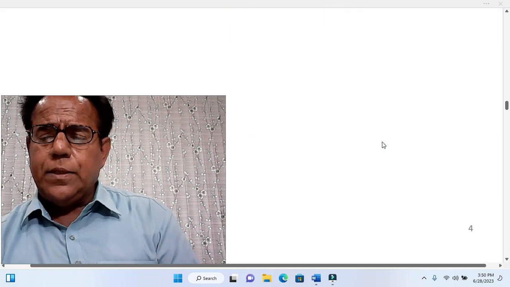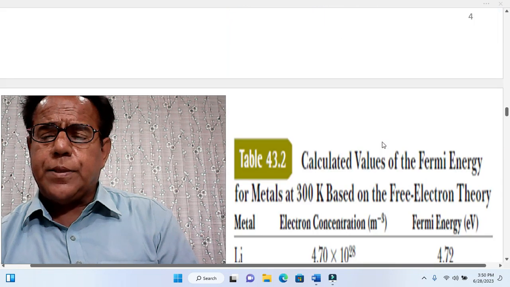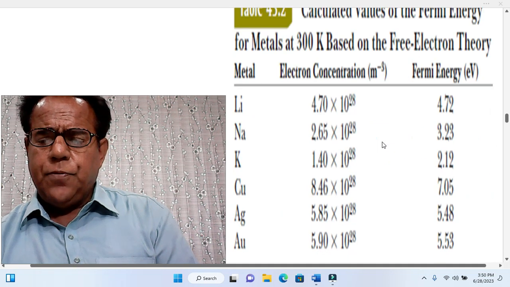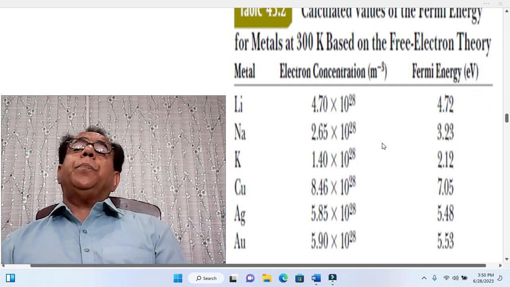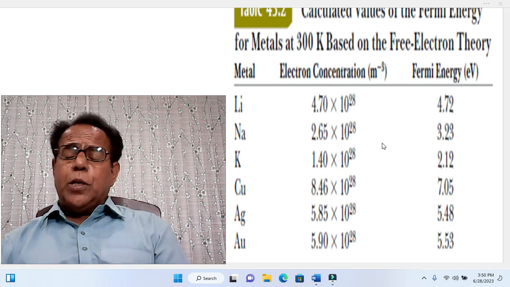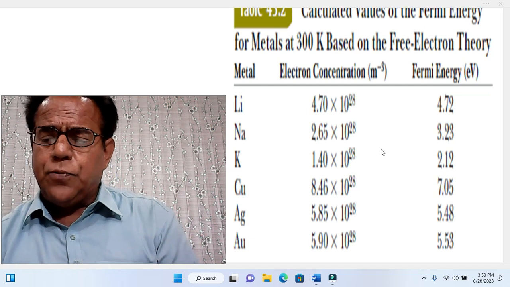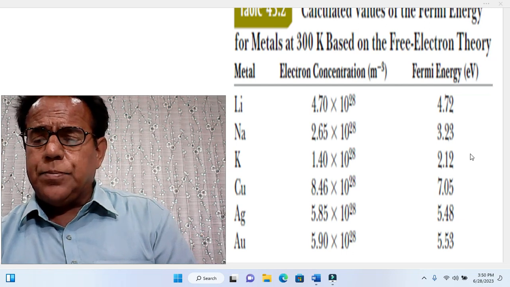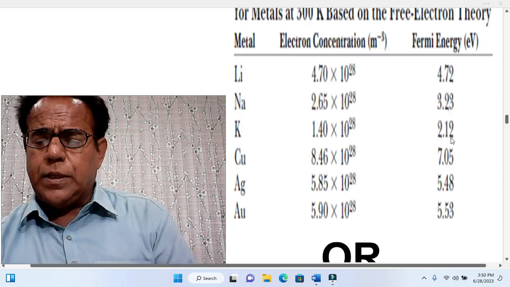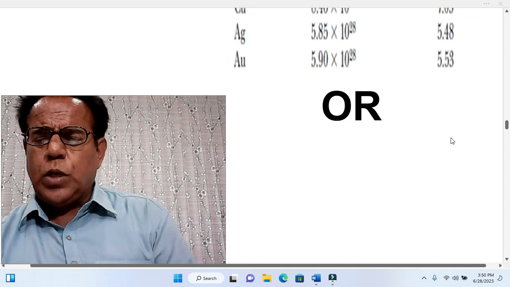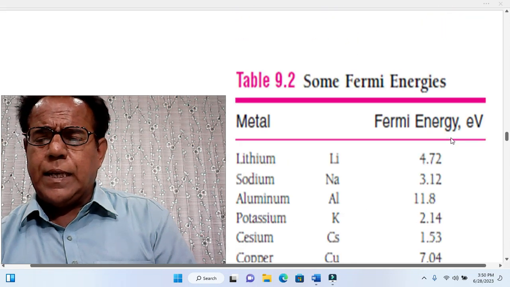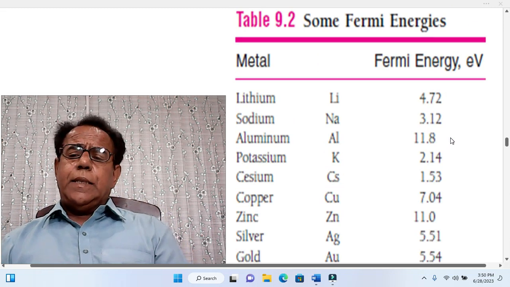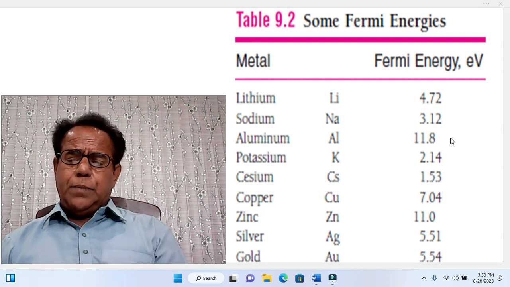In the next version, Fermi energy for silver is 5.48. So dear students, in one version 5.48 electron volt, in another 5.49 electron volt, and in the third version 5.50 electron volt.